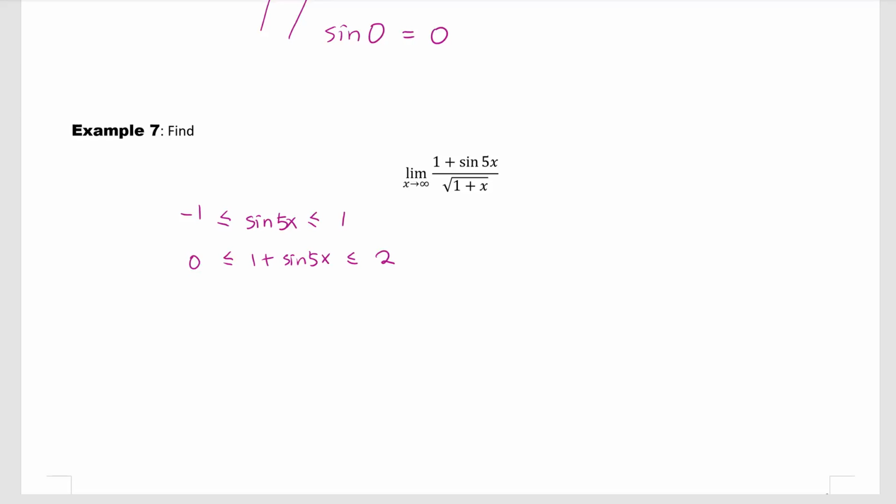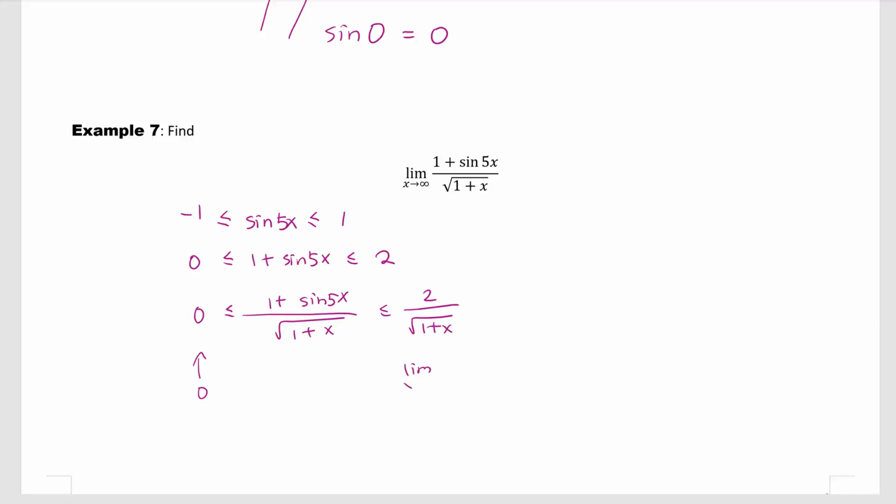Next, how do we get to our formula? We divide by square root of 1 plus x. 0 divided by anything is 0, and on the right we have 2 over square root of 1 plus x. Because the square root of 1 plus x is positive, you don't need to worry about flipping the inequality. Now the left side is always 0.